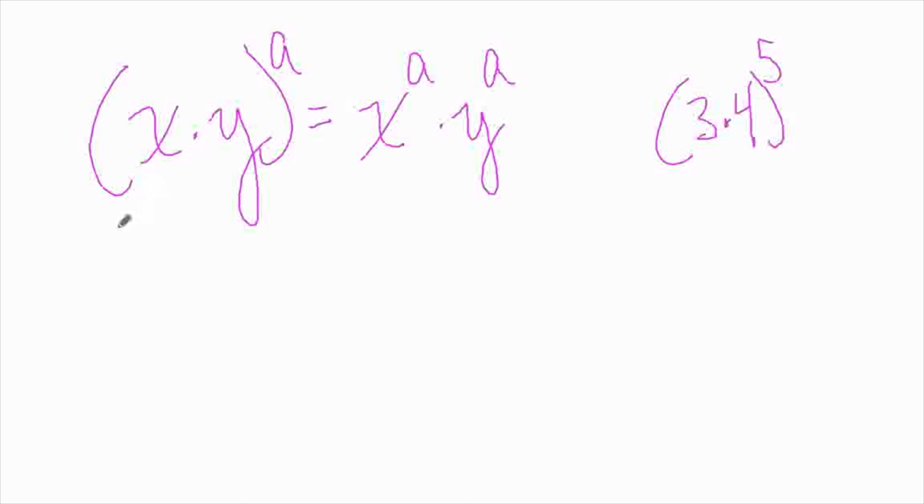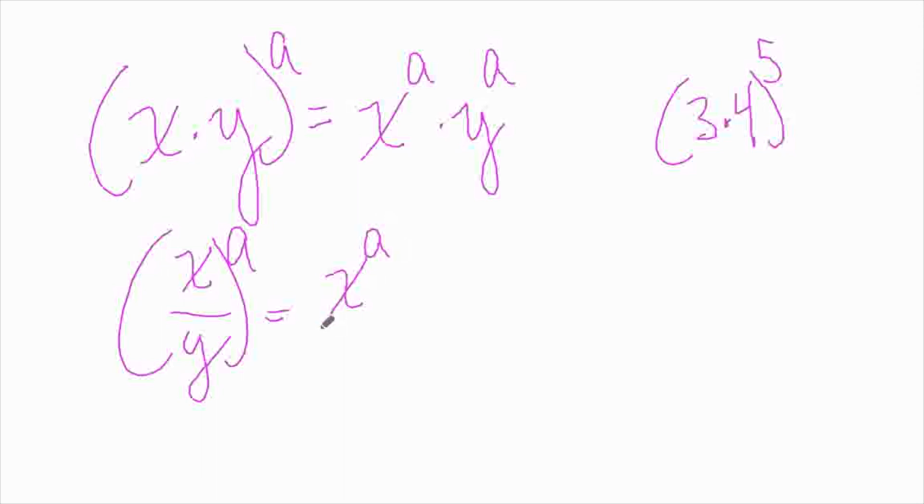and so it should be clear why this rule holds. Also, if I had a quotient, a fraction with the whole quotient raised to an exponent, that's the same as if I had the exponent on the numerator and the denominator. Let me fix up my denominator here just a second. Okay, and I'll leave it as an exercise again for you to work it out the same way I did the other ones.